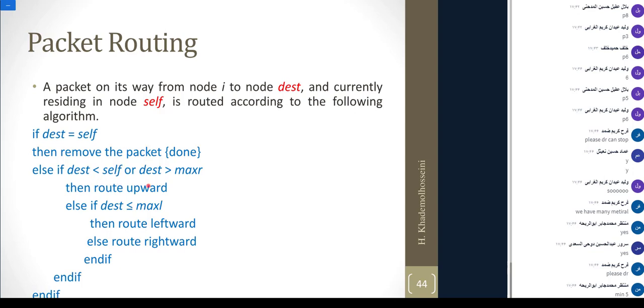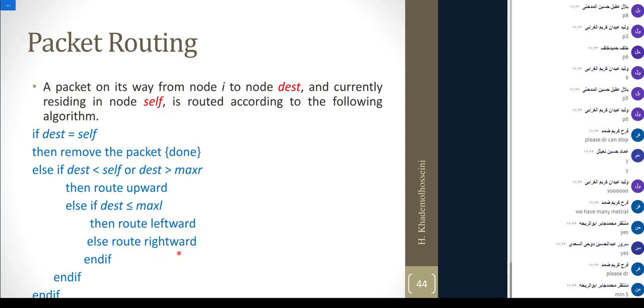Why these conditions, these ifs, this dest less than self? We must find out different situations, different combinations of source and destination. Then we can find out when we must go upward, leftward, or rightward.